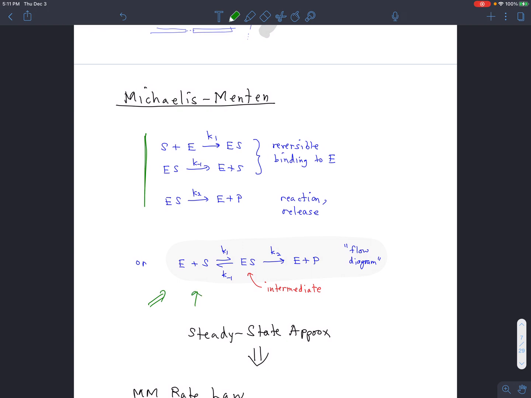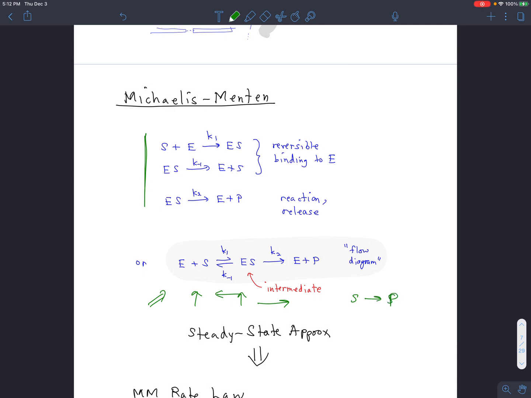The enzyme plus the substrate binds to form an enzyme-substrate complex, or it can go backwards, reverse. So it's a reversible binding. But some part of the time, at least, it goes forward. The substrate gets turned into a product and then released to produce the enzyme again. And the overall reaction, of course, is S goes to P.